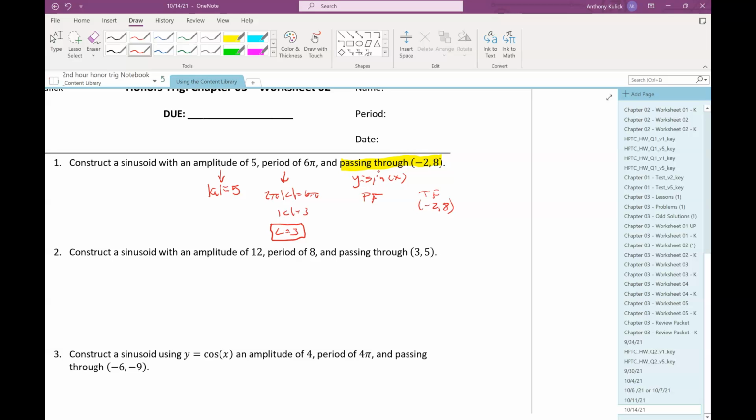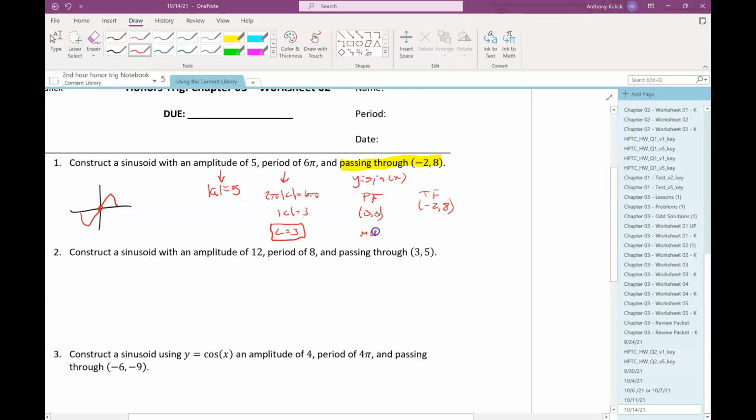Now the question is, what point from the parent function do I want to send to (-2, 8)? The easiest one to use is (0, 0). If you think back to the graph of sine, (0, 0) is here. That's a midline point.